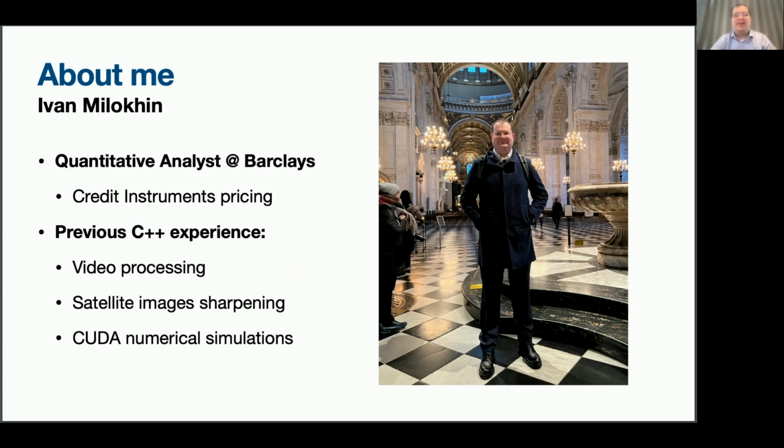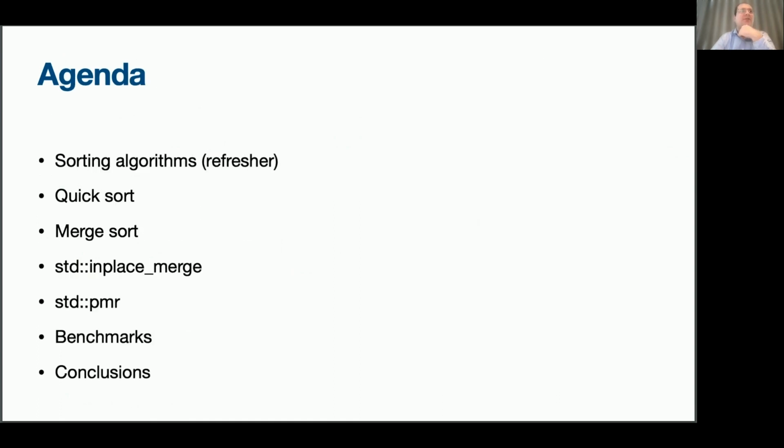So I did effective CUDA simulations at the start of the GPU era. I was probably the first person, with my scientific advisor, to do these simulations. But let's move on to today's talk, where I'm talking about std::pmr and the recent C++ features.